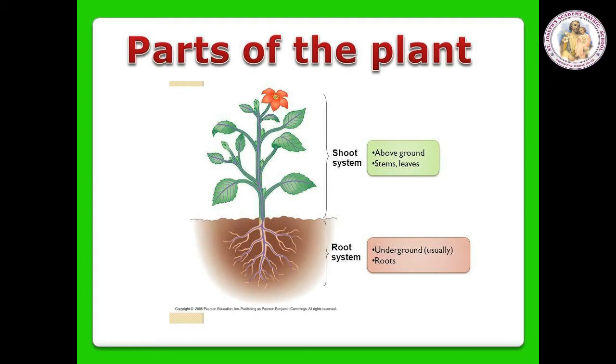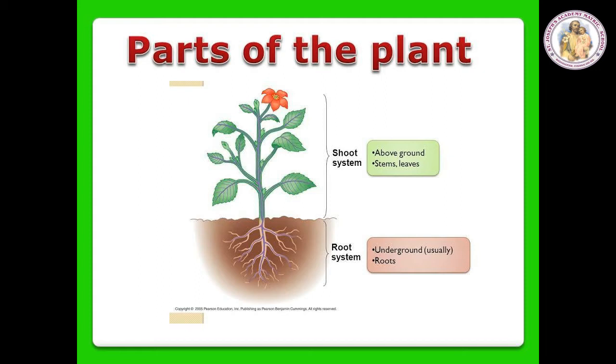Children, like our body has different parts such as hands, legs, and head, in the same way, plants also have different parts. They are of different colors. Let's learn about them. Every plant has a root and a shoot system. The part of the plant that grows under the ground is called the root system.